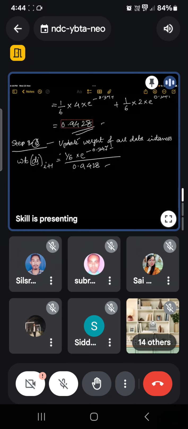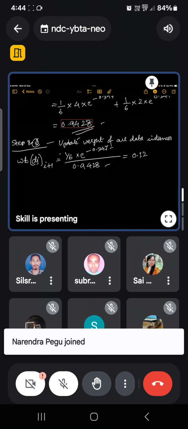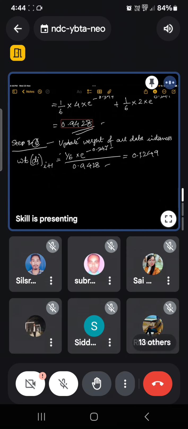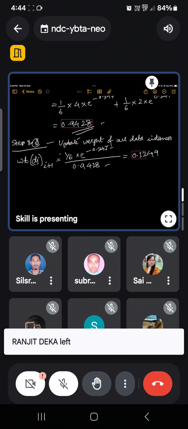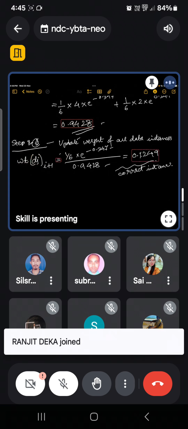After calculating all this we will get 0.12 for the correct instance.